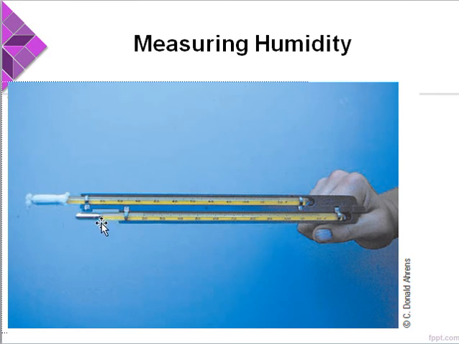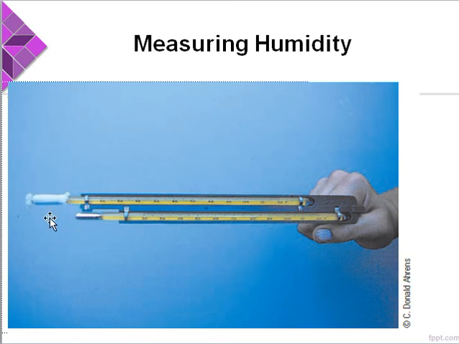The dry thermometer, commonly called the dry bulb, gives the current air temperature, or the dry bulb temperature. The temperature difference between the dry bulb and the wet bulb is known as the wet bulb depression.